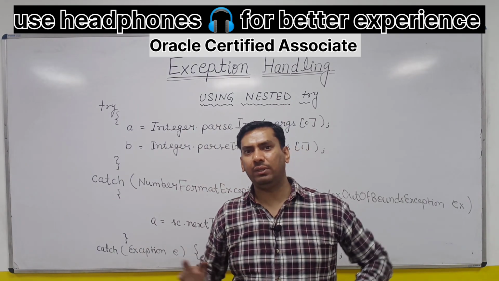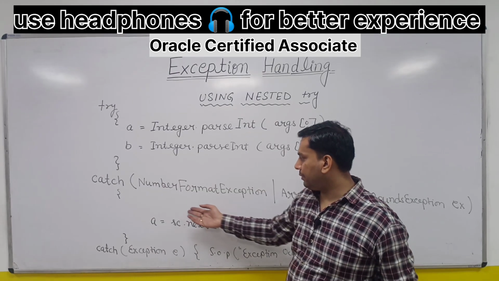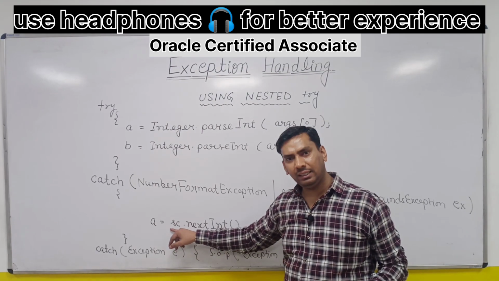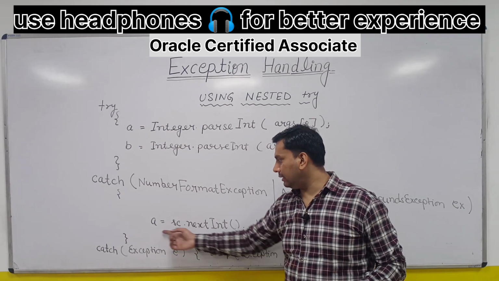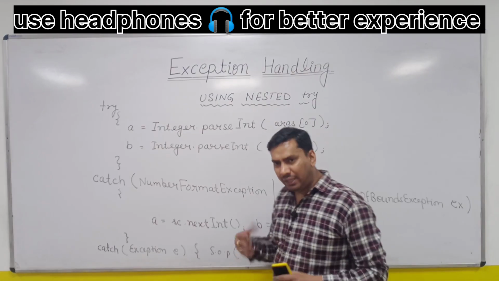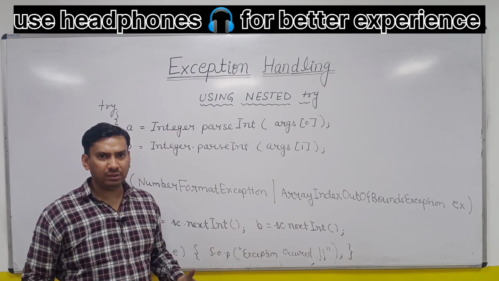I am saying okay, you can re-enter the inputs, and in this catch block I am trying to read the runtime input using the scanner object sc: sc.nextInt for A and sc.nextInt for B. But do you think it is guaranteed that these two lines will execute?